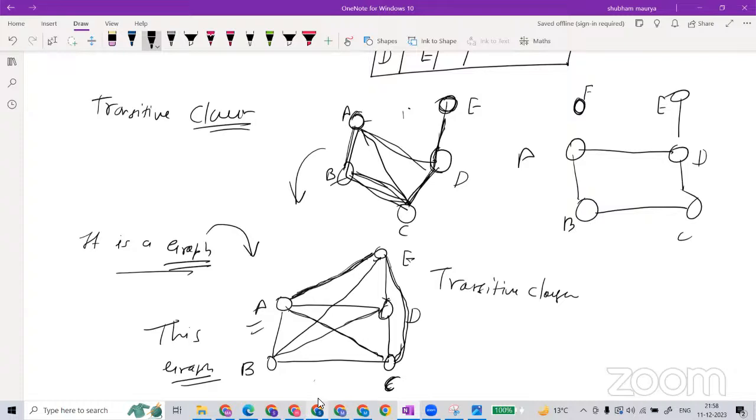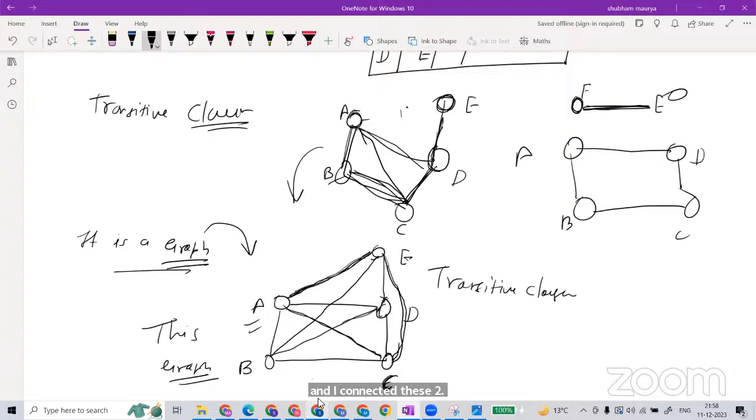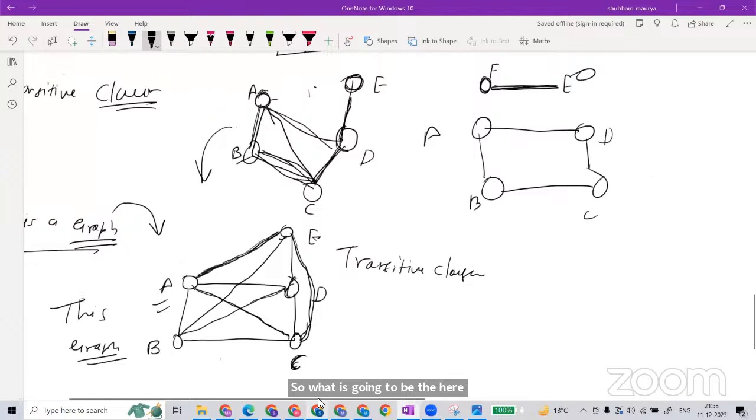And what is the transitive closure now? Or even let's say I'm removing this edge and I connected these two. So what is going to be the transitive closure of this one?